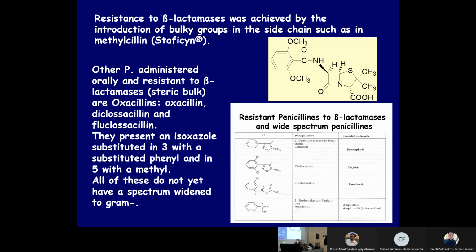Beta-lactamases is not the target. The target is transpeptidases. Beta-lactamases are enzymes able to open the four-member ring. And so if you want to defend your four-member ring, you have to form a cloud with the same charge of the beta-lactamases. And so you have a repulsion of the two entities.